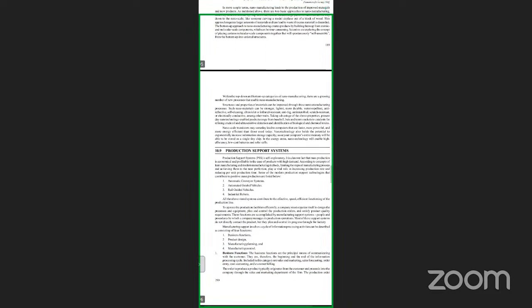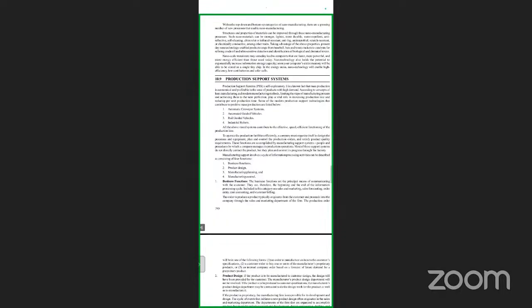Next comes production support systems. In order to support the production system, we have automatic conveyor systems, automated guided vehicles, rail guided vehicles, and industrial robots.